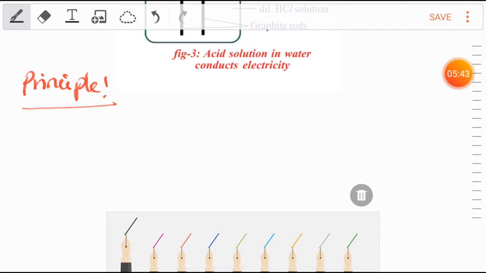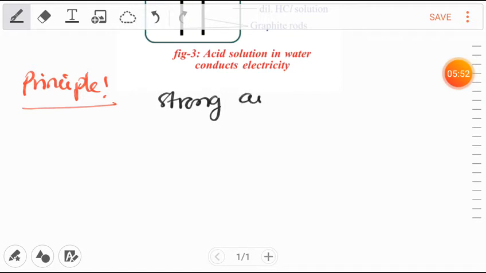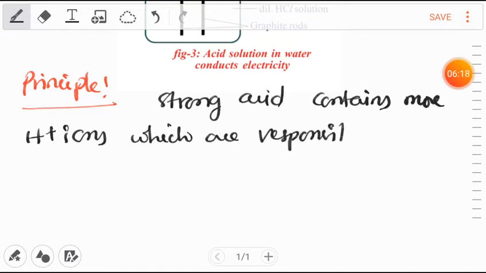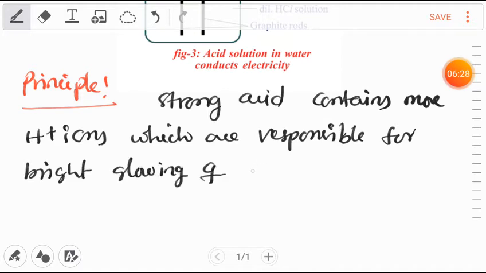A strong acid contains more H plus ions, which are responsible for the bright glowing of the bulb.